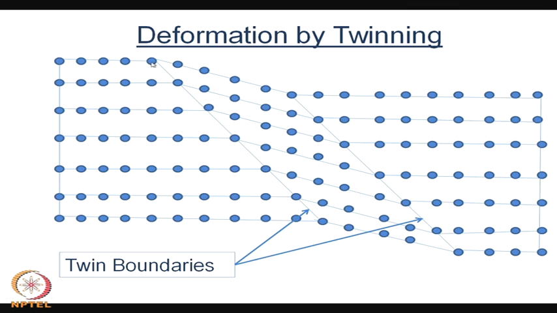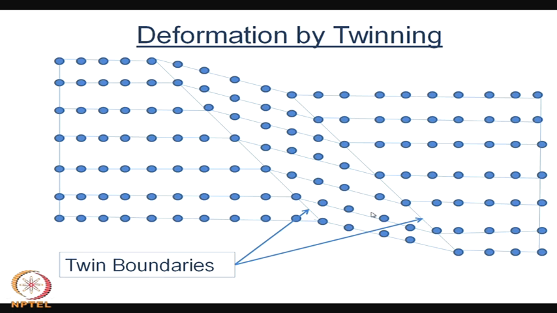The deformed plane is a mirror image of the original across this boundary. So, all the sets of parallel planes form a mirror image of themselves after the twinning has taken place. Similarly, this is also another boundary where this is a mirror image of this one. So, these are called the twin boundaries, and the process is called twinning.